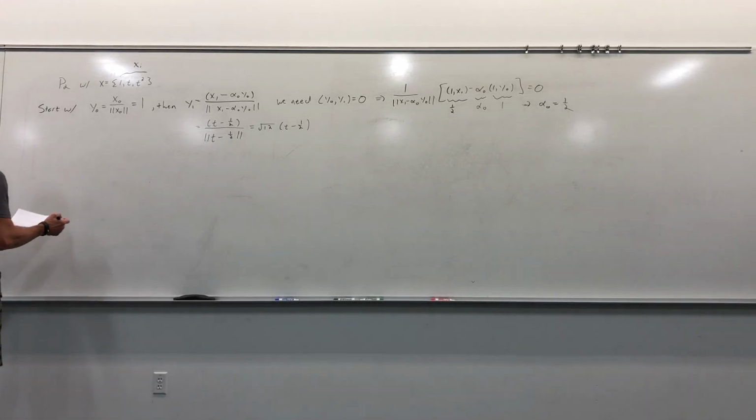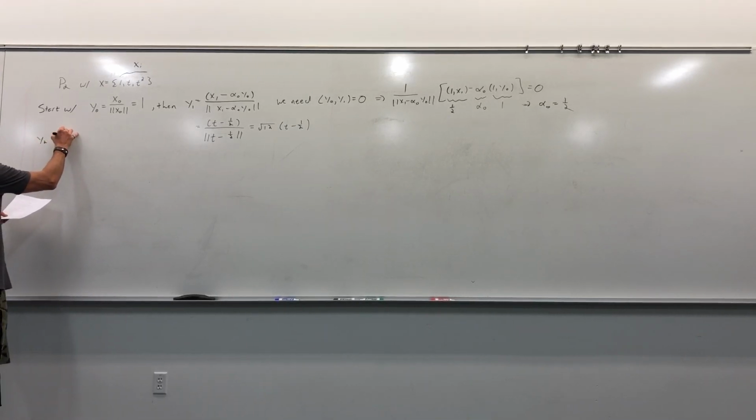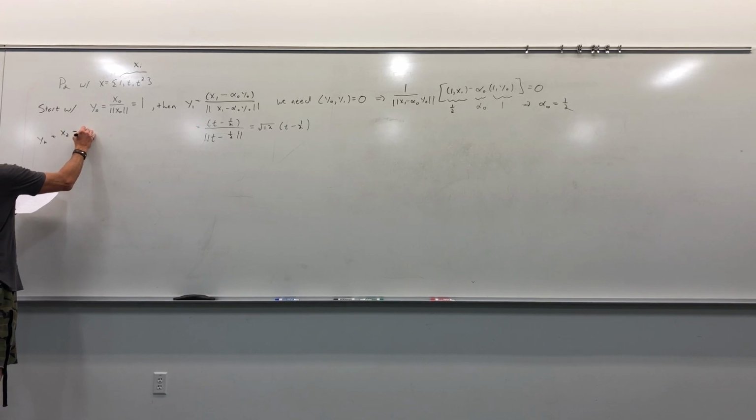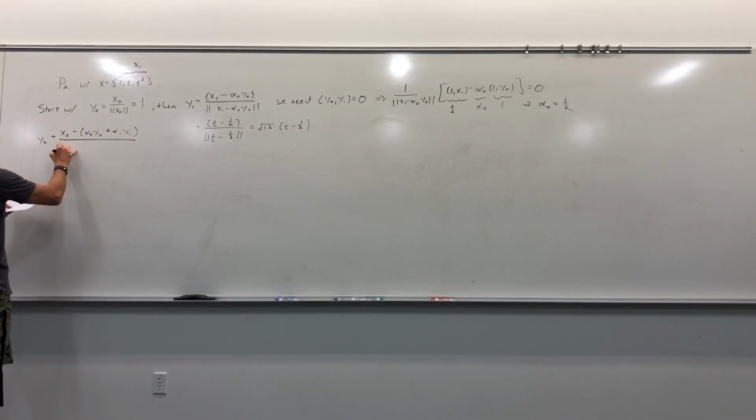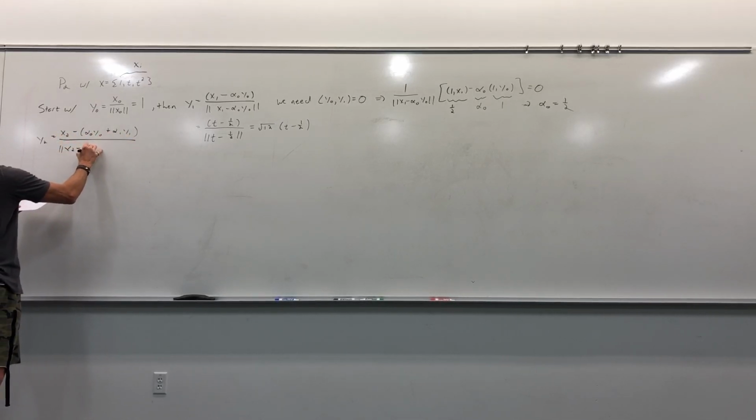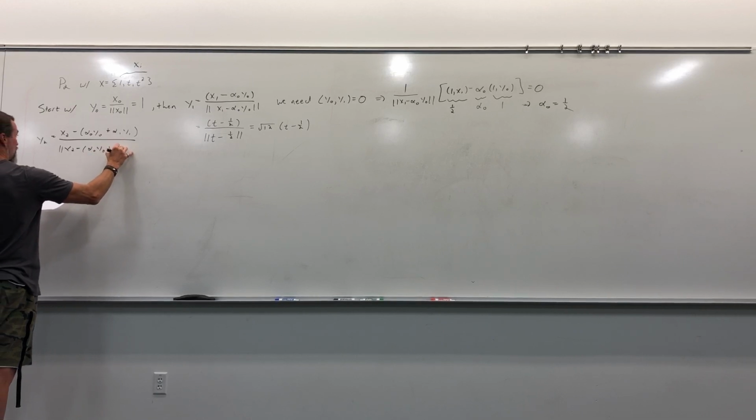We could crank out y2 if we were in the mood, and I'll just give you the answer. y2 ends up being x2 minus alpha naught y naught plus alpha 1 y1, over the magnitude of x2 minus alpha naught y naught plus alpha 1 y1.